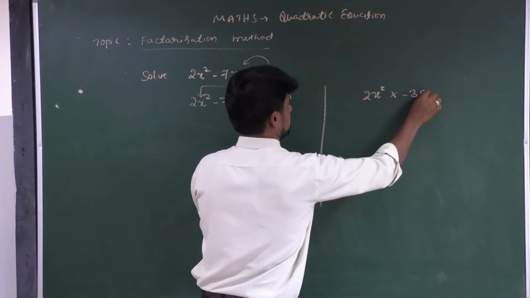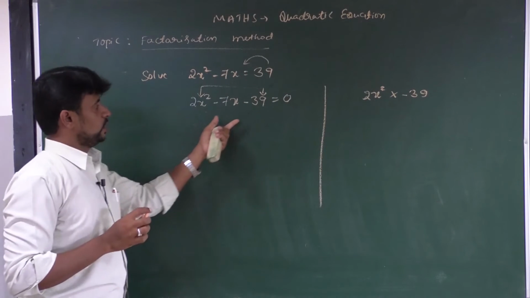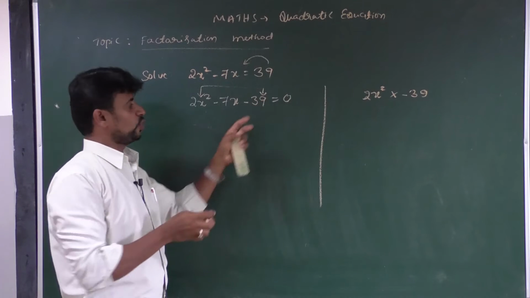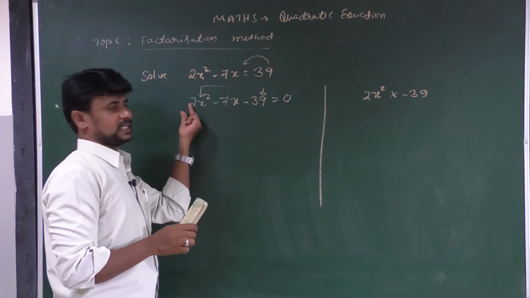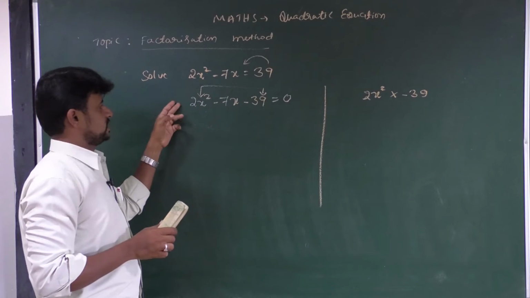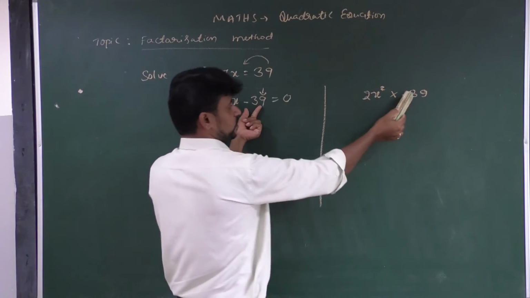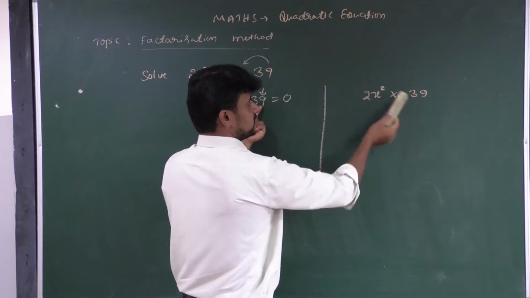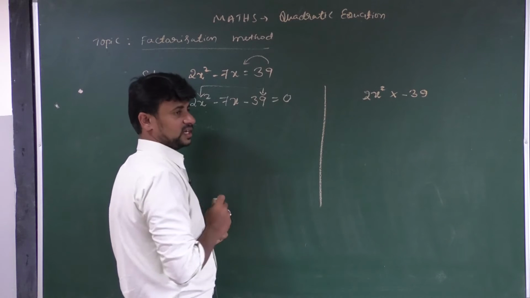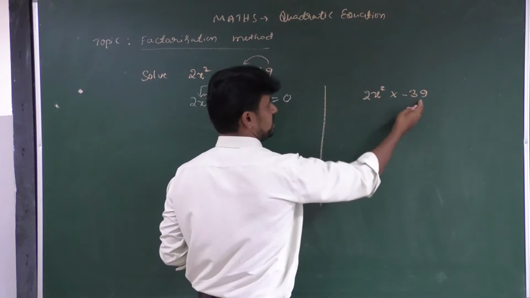While taking these two terms, you have to concentrate on signs. Here 2x square has positive sign and 39 has negative sign. You have to mention the sign also. After mentioning that, you have to multiply these two numbers.